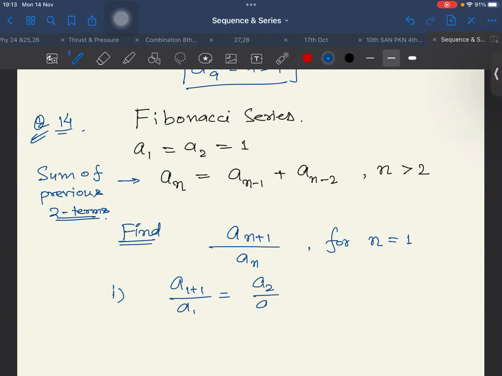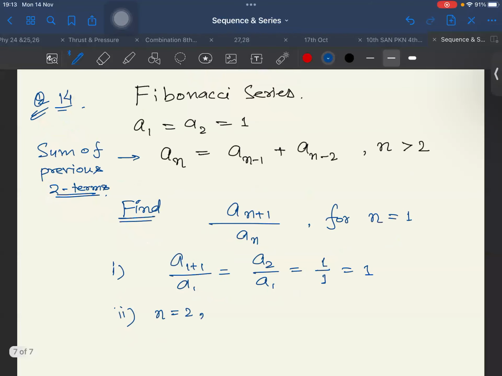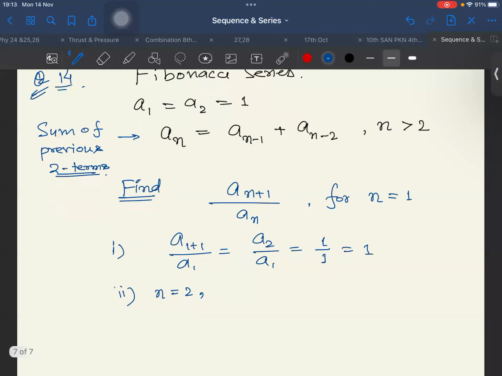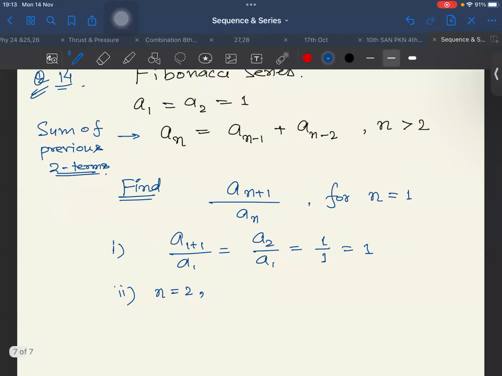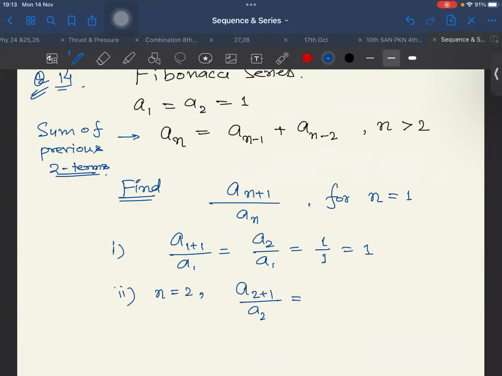A2 and A1 have the same value, that is 1, 1. So this will be equal to 1. Second, if n is equal to 2, you need to find A2 plus 1 upon A2. A2 plus 1 means A3 upon A2. A3, the third term, is what? 2 upon 1, that is 2.